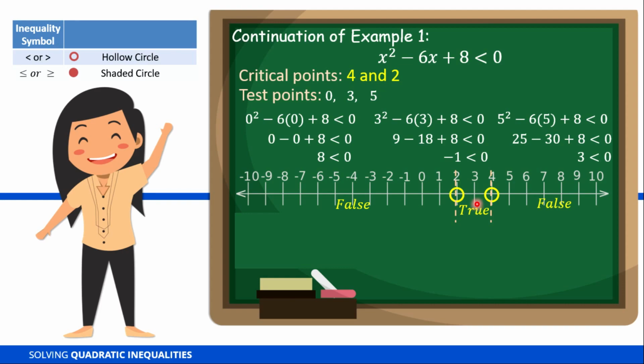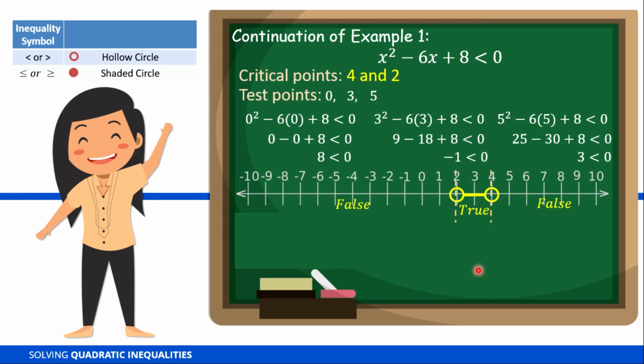Ibig sabihin nun, the solution set of our given inequality ay nandito sa pagitan ng 2 and 4. Hindi kasali si 2 and 4 mismo. So, i-shade natin yan. Paano natin ngayon isusulat yung ating naging solution set? Again, ang ating solution set ay real numbers na greater than 2 and less than positive 4.